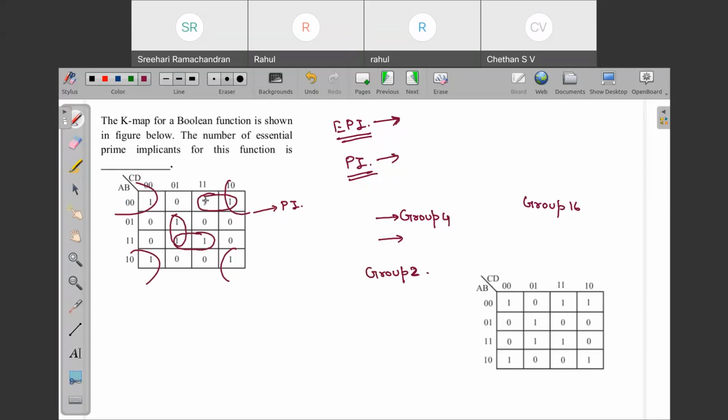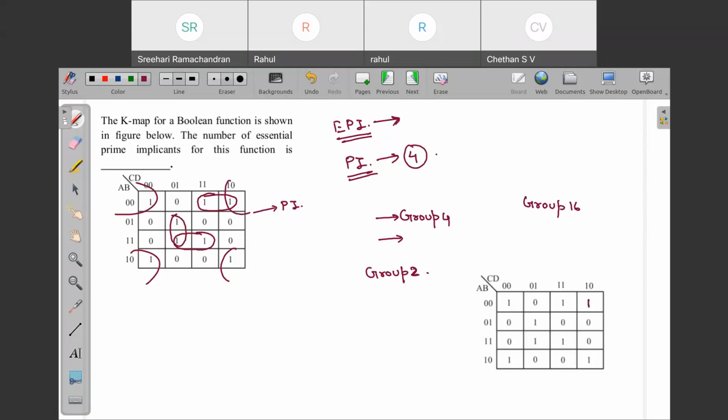I cannot maximize any more over here; irrespective of the requirement there is no more group. So these are the groups of 2, this one and this one, there are 3 groups of 2. So basically the number of prime implicants is how many? 1, 2, 3, 4. So prime implicants are 4. Now let us check essential prime implicants.